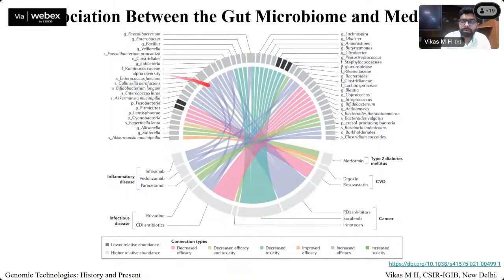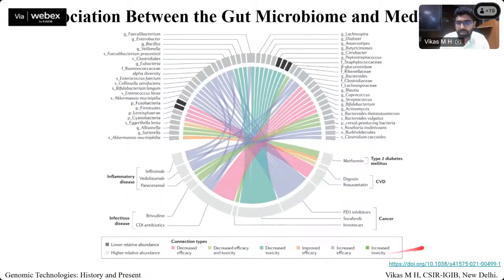There have been quite a few studies determining the effect of the presence of different microbes on any medication. Are they hindering it, or are they increasing the efficacy, or are they increasing the toxicity of the medication?